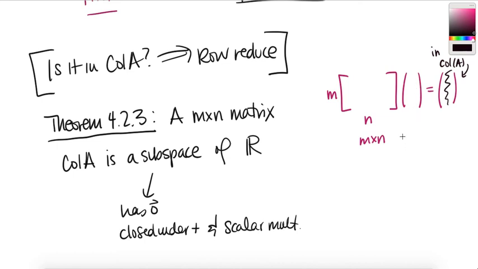To be able to do the multiplication, this has to be n by 1. That was the dimension of the null space, and then what you end up getting is these outer dimensions, m by 1, right? If you take a bunch of things with m entries and scale them and add them together, you're going to get m entries. So this is our m.